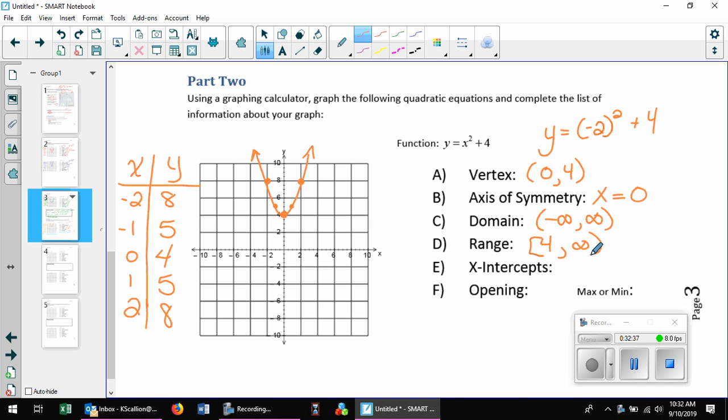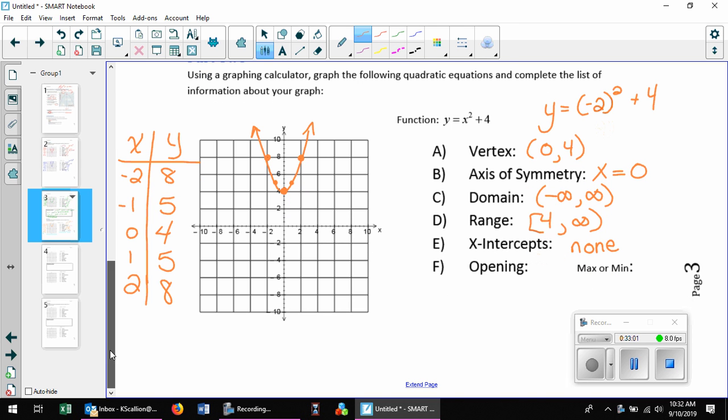It's not going to cross the x-axis. So here's the deal: you have to write the word none. Because if you don't, I don't know if you understand that there's none or if you skip the question. Leaving something blank is an automatic skip of the question. So you have to write in there, oh, there's none. I get that, there's none.